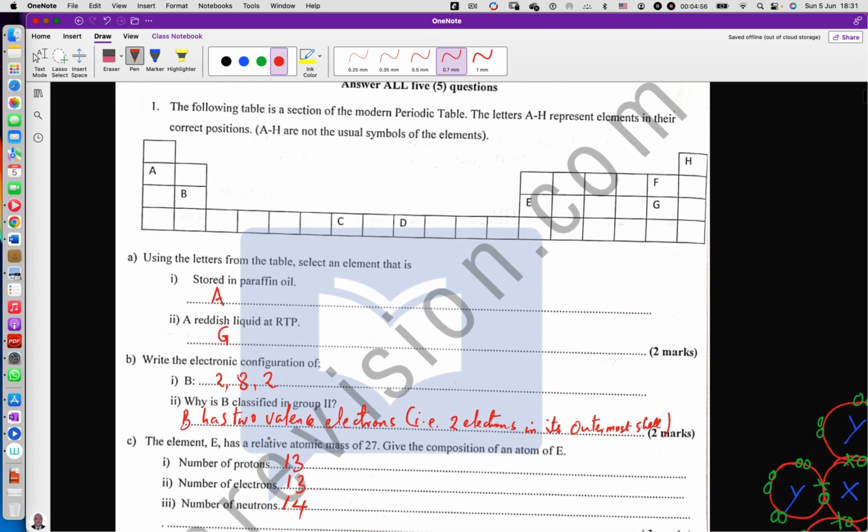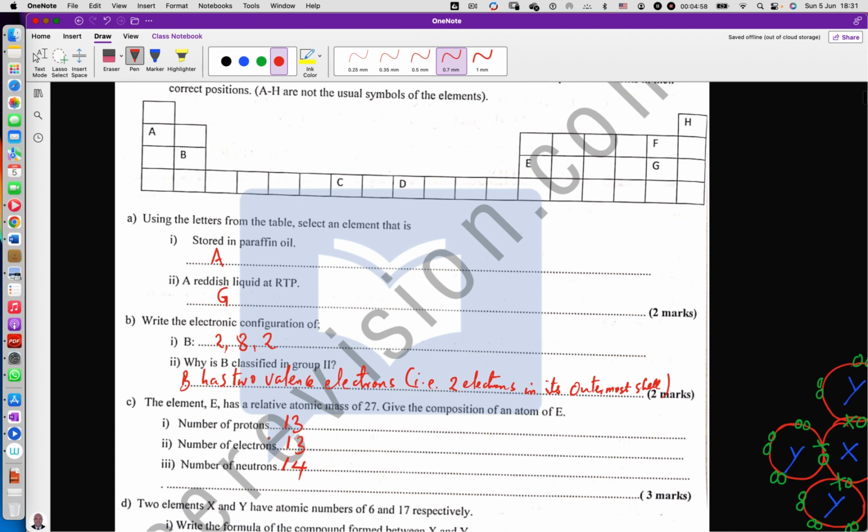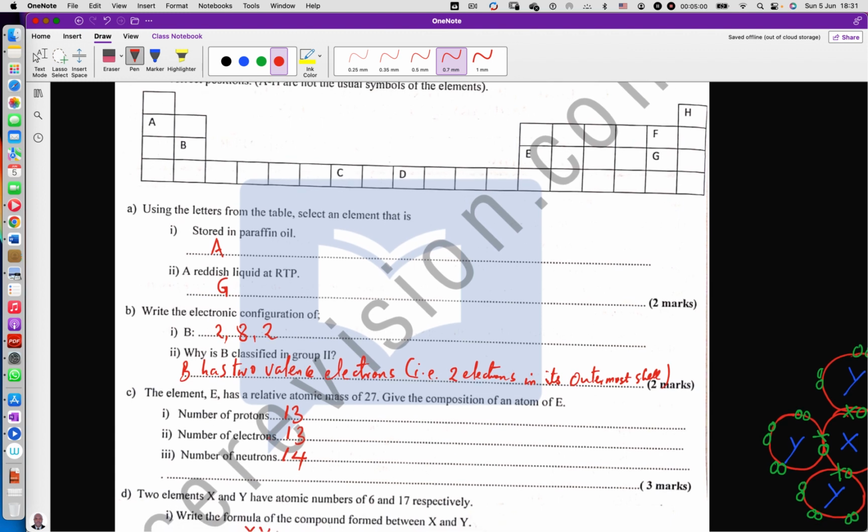Sub 2 of it. Why is B classified in group 2 of the periodic table? We can classify B based on the electronic configuration.